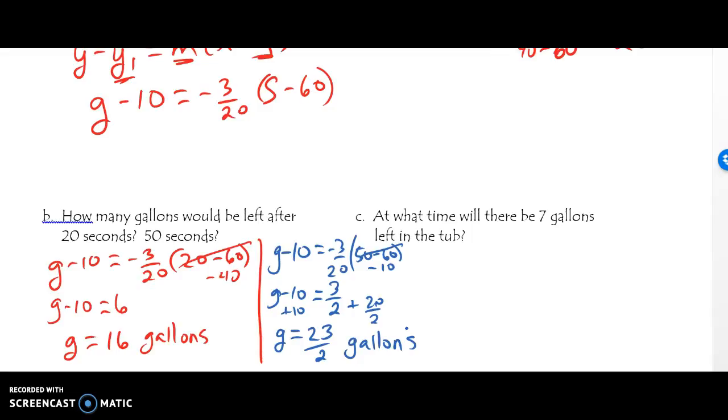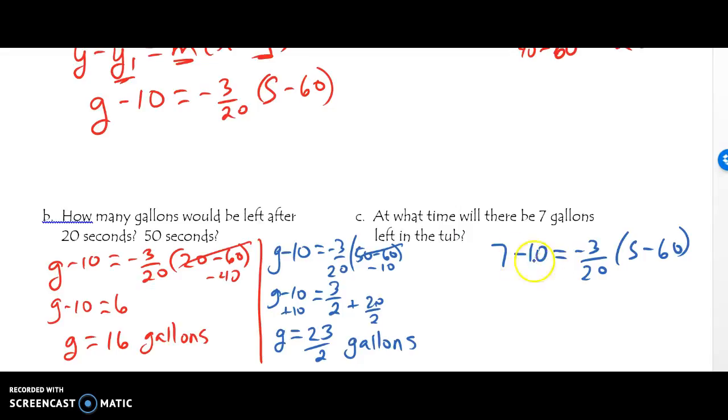Okay, the next question: at what time will there be 7 gallons left in the tub? Again, using the same equation, but now I'm going to fill in G with 7 and solve for S, because I'm trying to find the time.